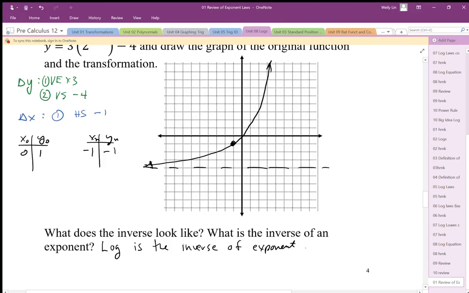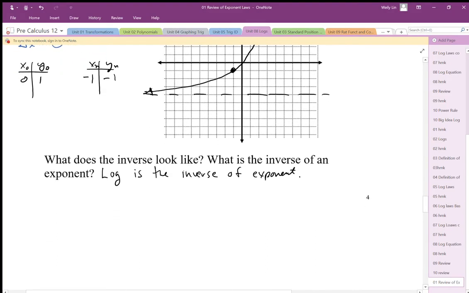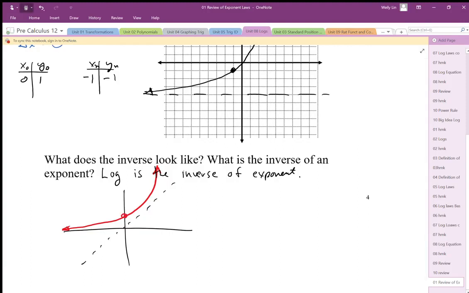So if the log is an inverse of an exponent, what does a log look like? Well, we can use a property of inverse. There's my x, y axis, and we know that inverses are reflections across the line y equals x. So if my original exponential graph looks like this, with a horizontal asymptote at 0 and a point at (0, 1), let's call this y equals a to the power x.